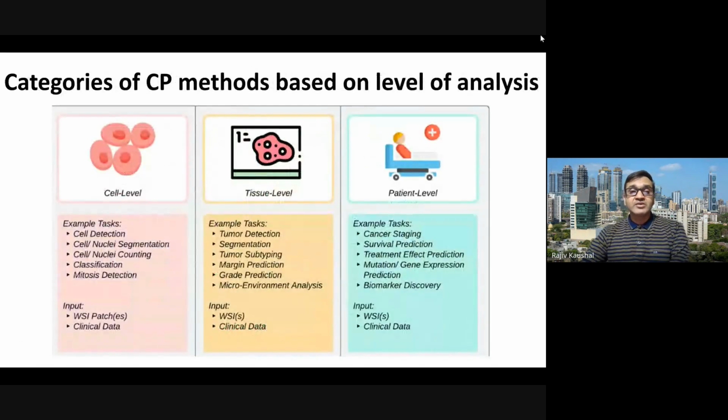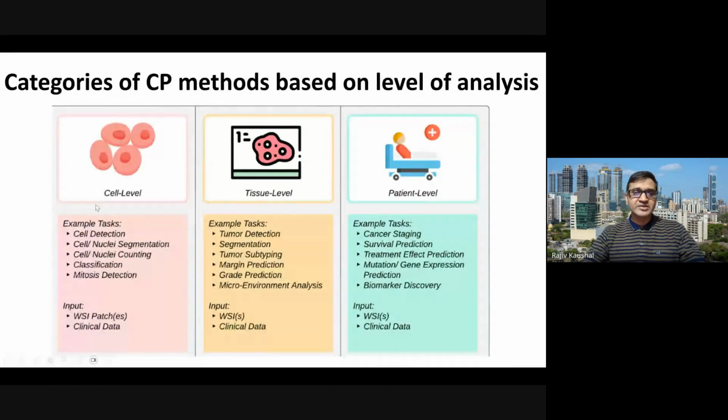And I would like to touch briefly upon the applications of AI in routine diagnosis. So how do these AI-based or computational pathology based applications work? They work on the same principles with which we evaluate our glass slides under the microscope.